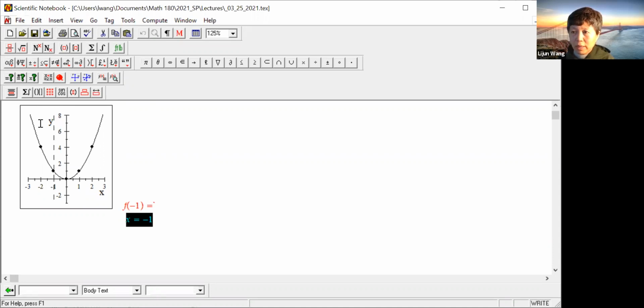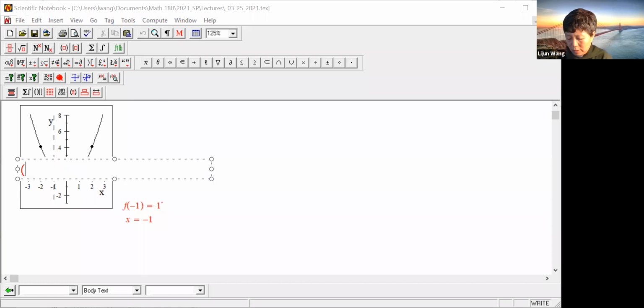This vertical line cuts the curve, and there's a crossing. Do you guys see that crossing? We know the output is 1, right? So this point is the consequence of the action of drawing a vertical line cutting the curve. As a result, this point is (-1, 1).